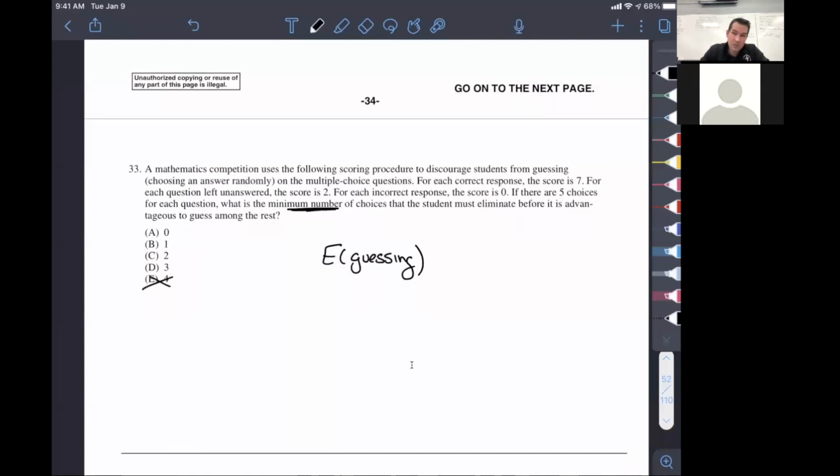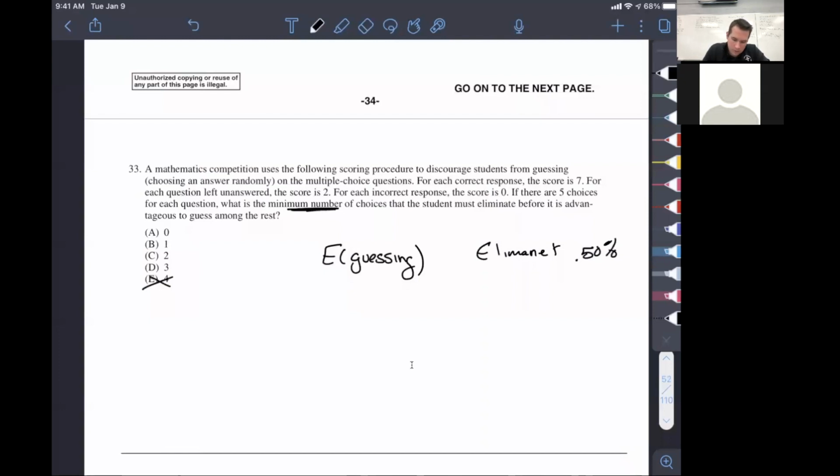If you were able to eliminate 3, that means the choice is a 50-50 guess. So if you eliminate 3, it's a 50% chance you get it right.